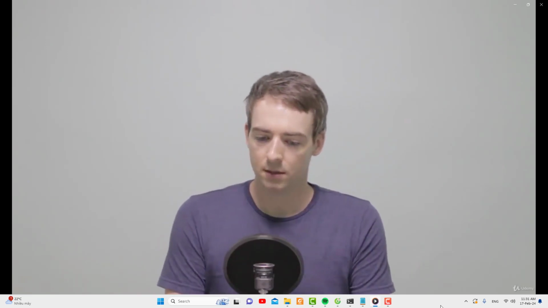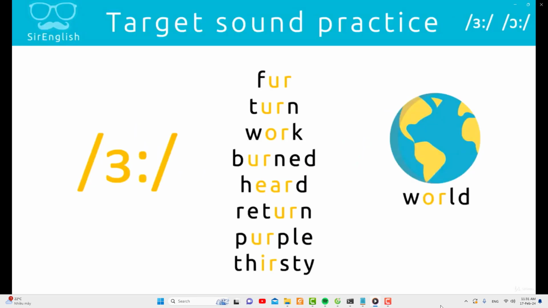When you look at this word list, which is here right now, you notice many R letters in the words. And these are unpronounced. Instead, we use this long vowel sound. So listen and repeat after me.